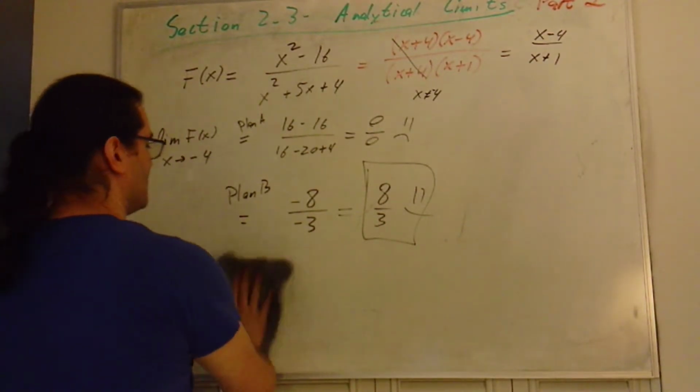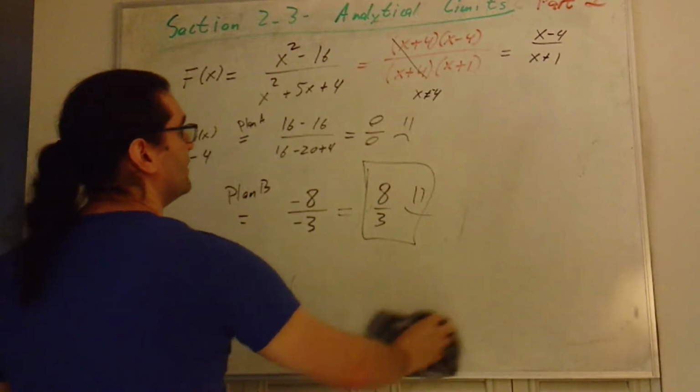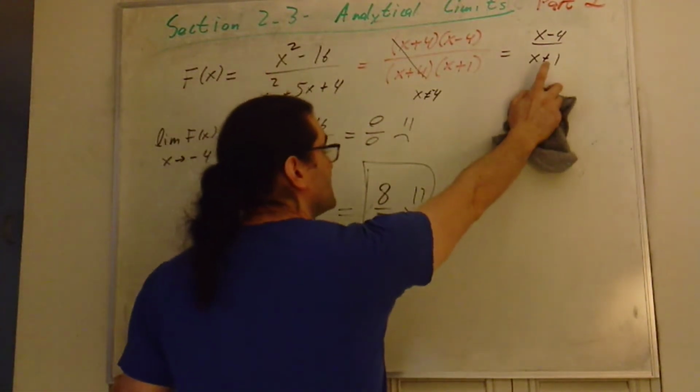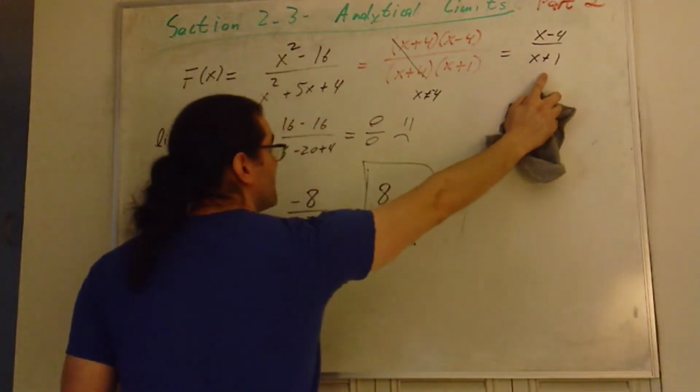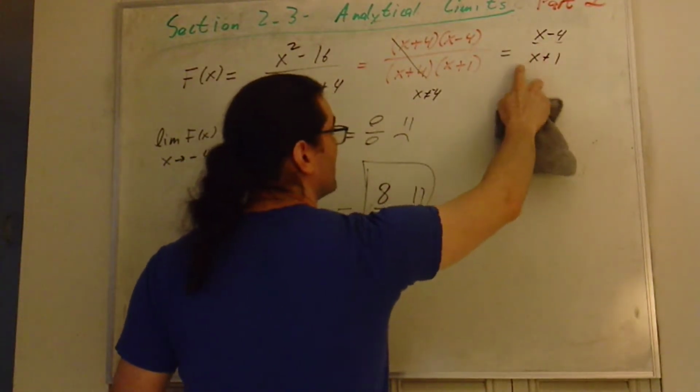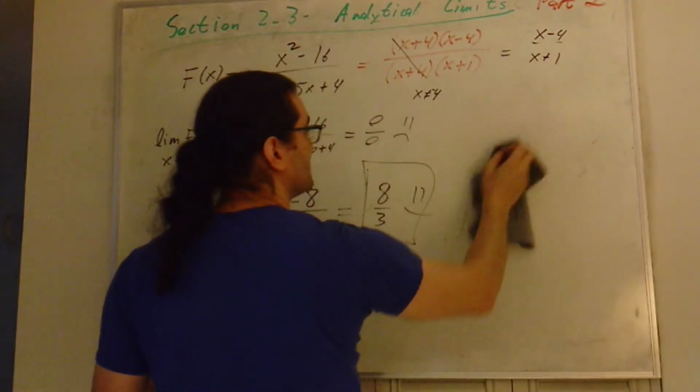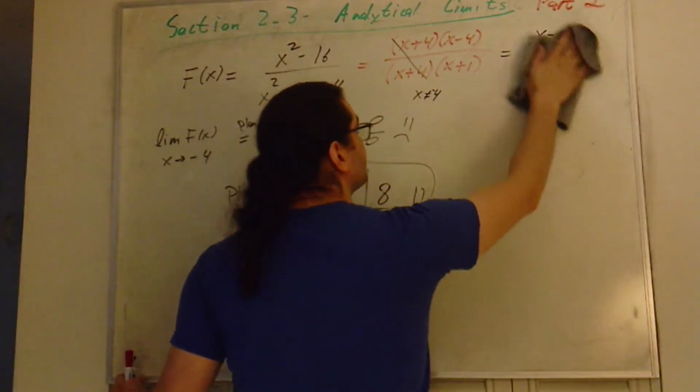I think we can probably all tell already that if we did the limit as x equals negative 1, that would put us in a plan C situation, because that's the x value that will make even the simplified version of this not exist.